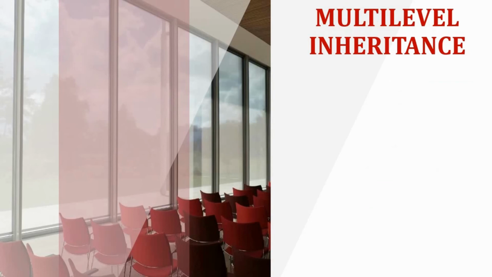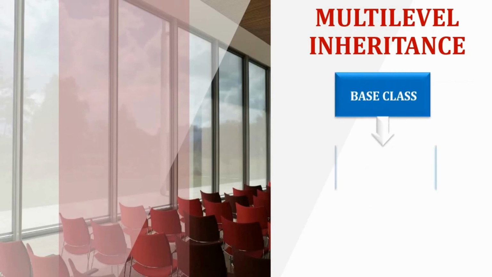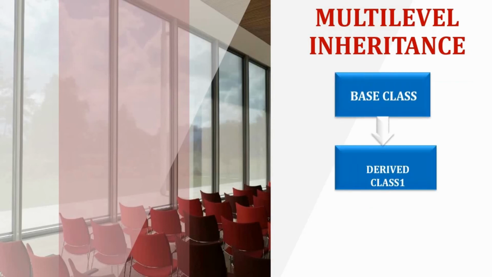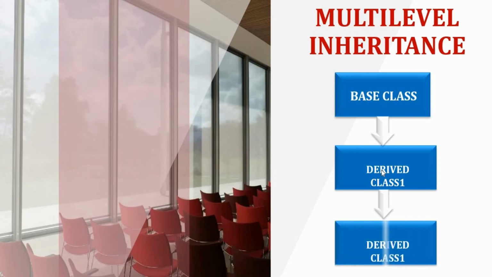Another one is multi-level inheritance. In multi-level inheritance there can be one base class. Using that base class we can derive another class. By considering this derived class as the base class, we can create another derived class, right? So the base class for derived class 1 is the base class, and the base class of derived class 2 is derived class 1.